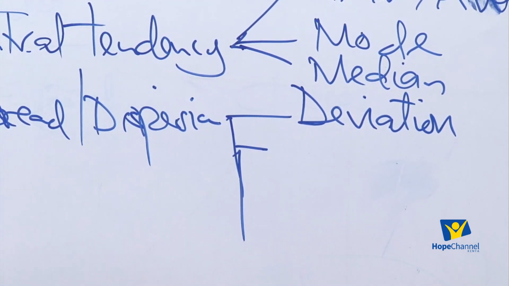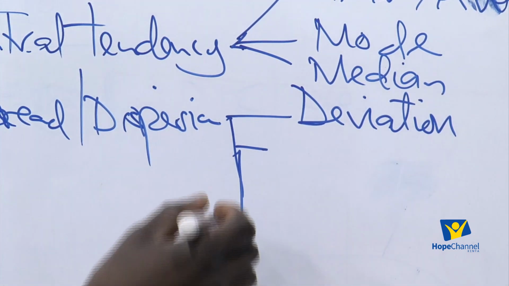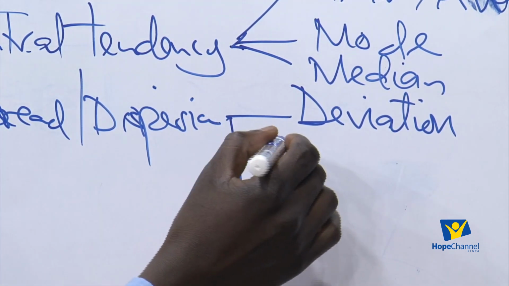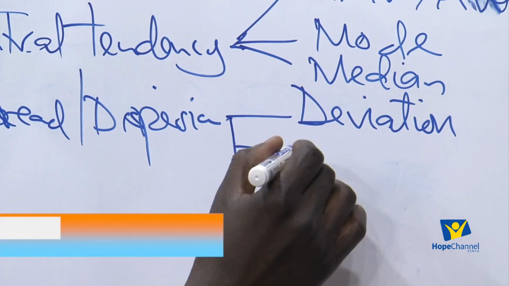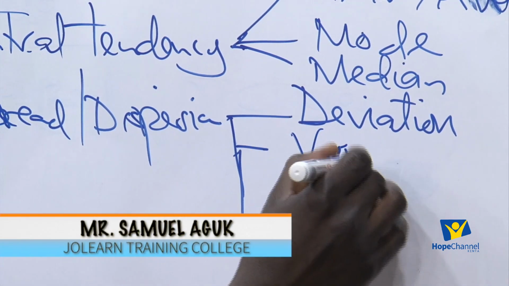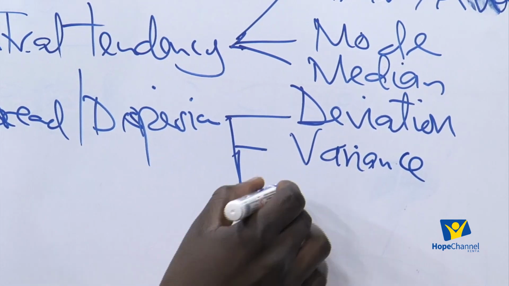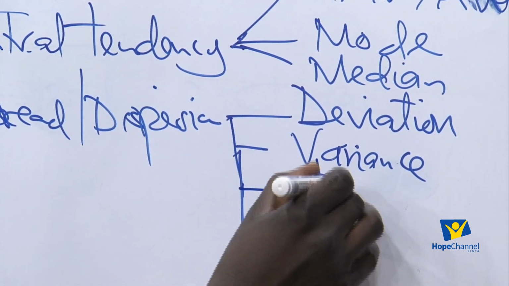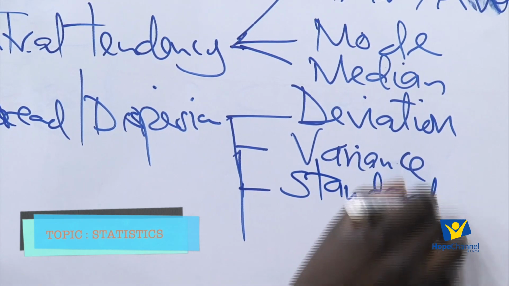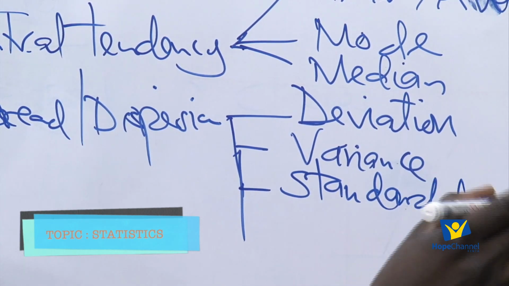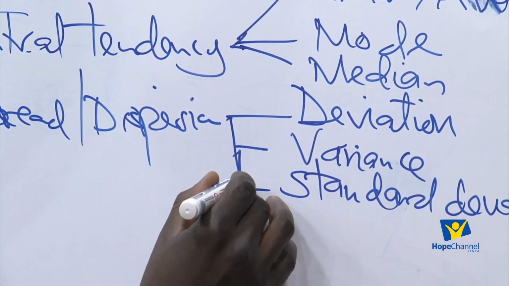We are going to discuss what it is and how to calculate it. The next one is variance. We'll be discussing variance, and we'll be discussing standard deviation.